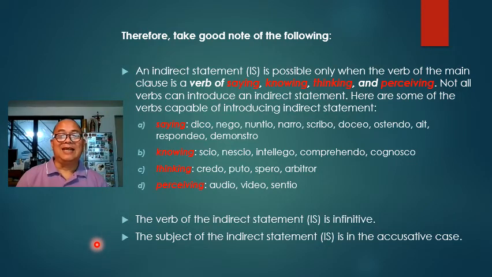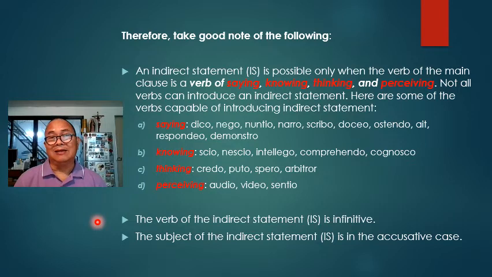So when we come now to the analysis in the worksheets, if I ask you to analyze, for example, the infinitive verb, of course, in the first column you will say verb. In the second column, what is the function of this verb? You say verb of the indirect statement. Remember, because the verb is an infinitive verb, I only ask you the tense, mood, or voice when we are discussing a finite verb, a verb which has subject and person.